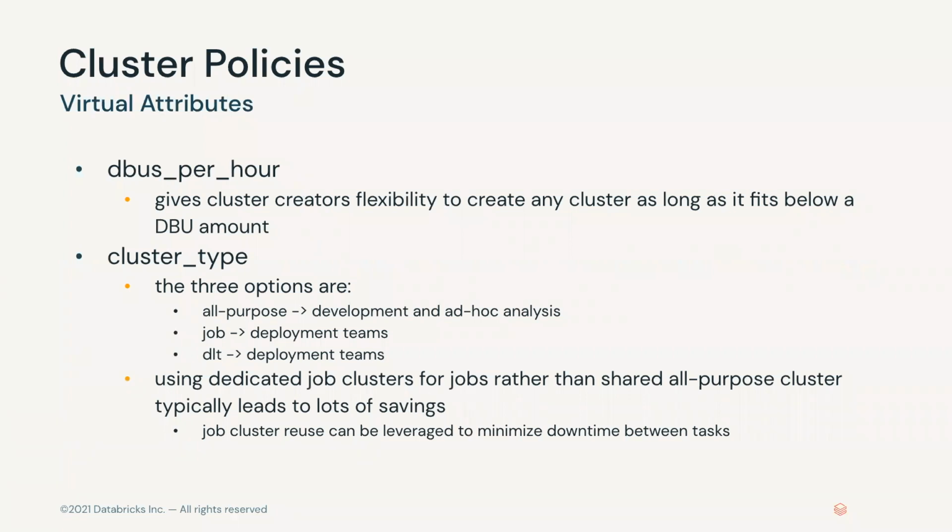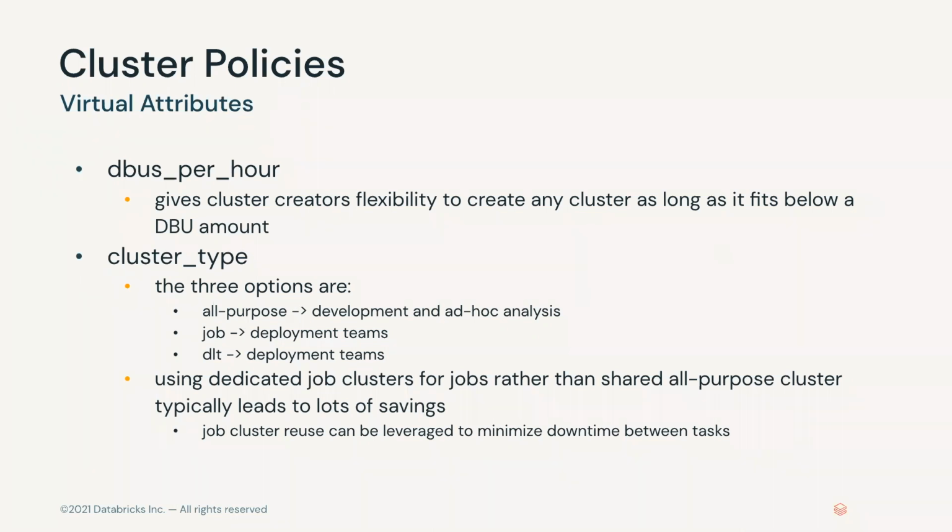Another great aspect of cluster policies is virtual attributes, where we can also allow users to be a little bit more flexible in the type of clusters that they can create. But those clusters can be based on more of an aggregate view, where, for example, DBUs per hour, so that you can say, well, you can only create clusters that use 10 DBUs per hour, but you have ultimate flexibility on how you want to achieve those up to 10 DBUs, right?